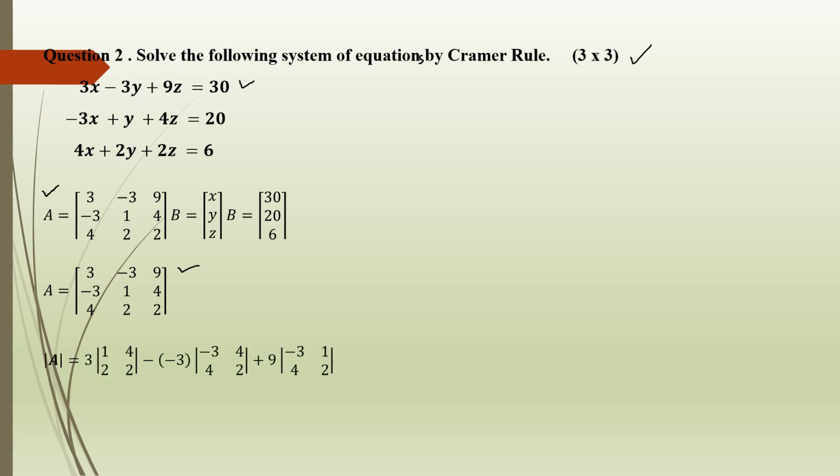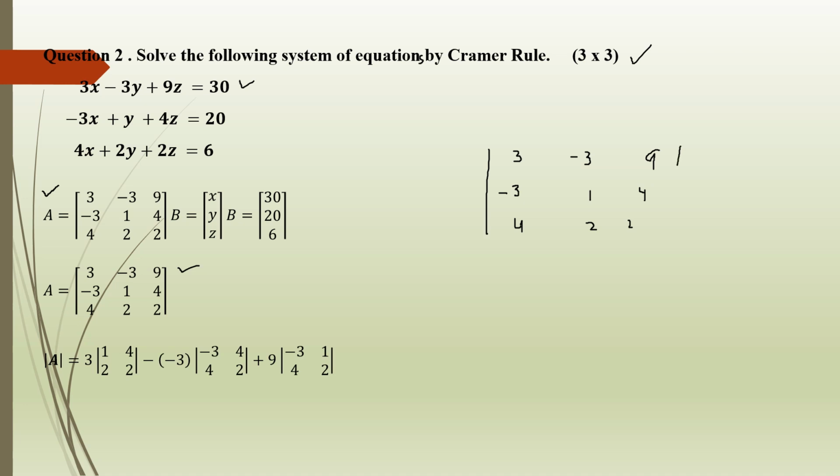Now the determinant of this matrix, we already did in our previous class how to find. So for example, this is 3, and this is minus 3 and 9, and this is minus 3, 1, 4, and this is 4, 2, 2.